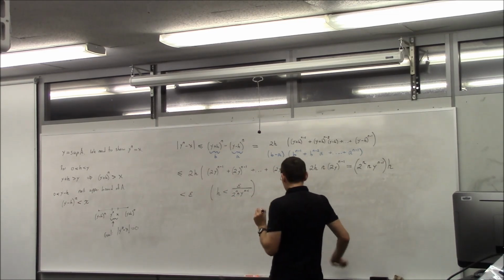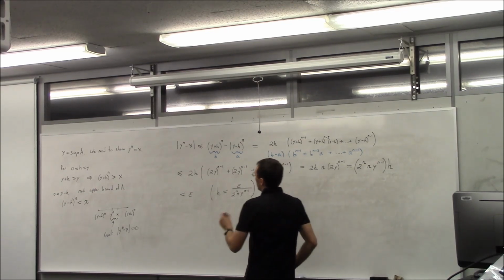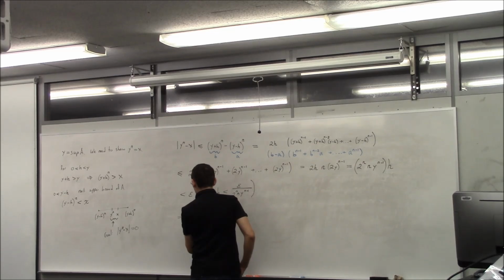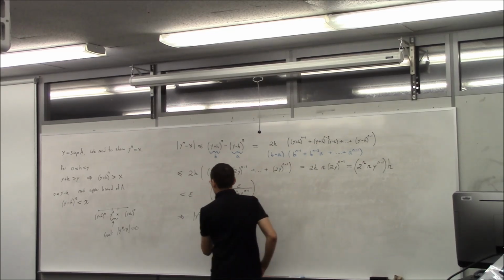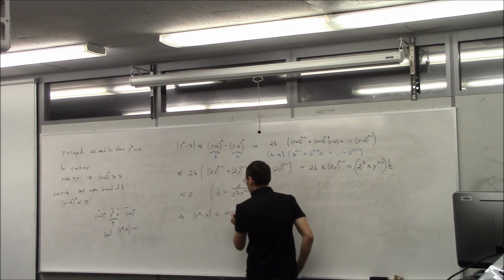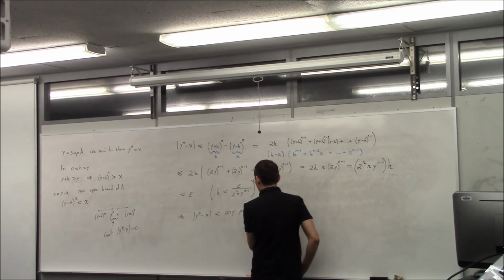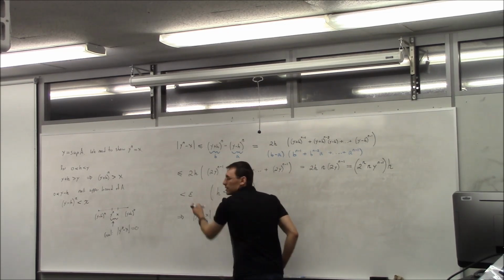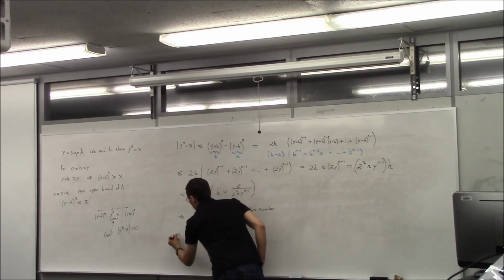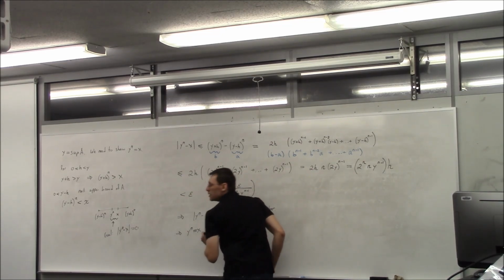Okay. So what's the conclusion? The conclusion is that the absolute value of y to the n minus x is smaller than any positive number. Right, this epsilon is arbitrary, so it's smaller than any positive number, and the implication is that y to the n is equal to x.